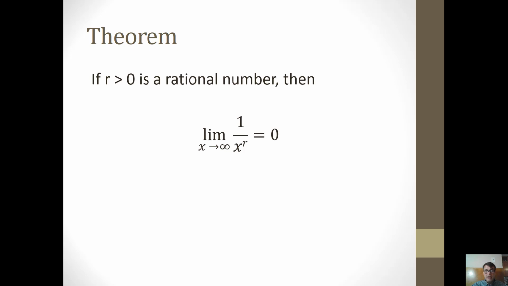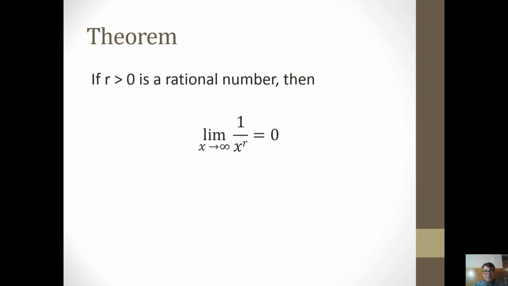So we say that the limit as x approaches infinity of 1 over x to any power, could be x to the 1, which would be 1 over x, goes to 0 as x gets bigger. By the way, not any power. It can't be r equals 0, because that would be 1 over 1, which would be 1. But if r is greater than 0, the limit is going to be 0.